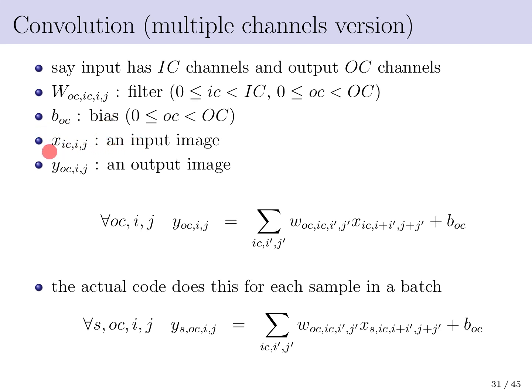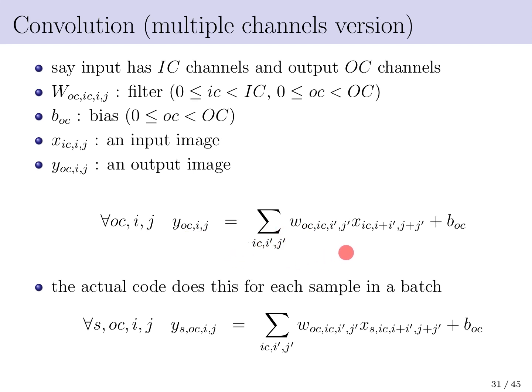An input image is a 3-dimensional array, obviously, because it has a number of channels. And similarly, an output image is a 3-dimensional array. So this is the mathematical formula for convolution for a single input image that may have multiple channels.